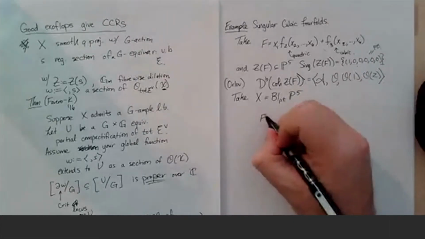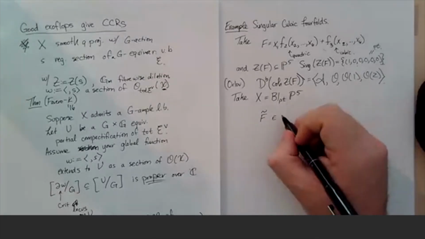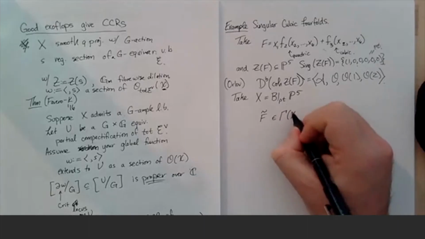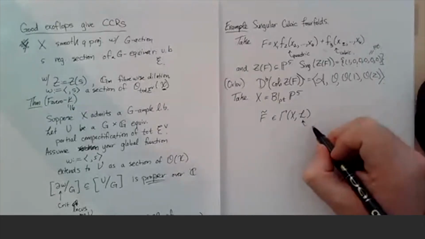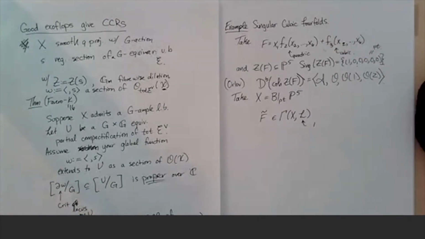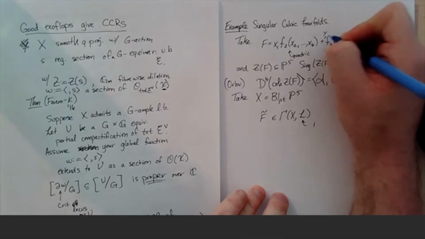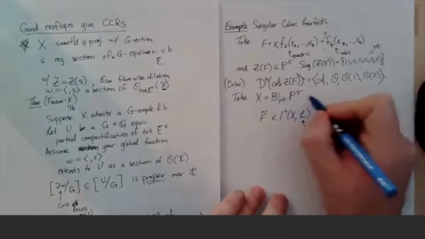Then I can make some new function f that's going to be given by taking the global functions on this L, where this L is such that when I change this function, I'm going to have some new y here in order to make a global function on this blow up, right?